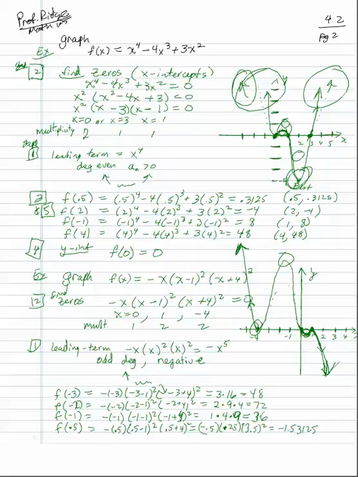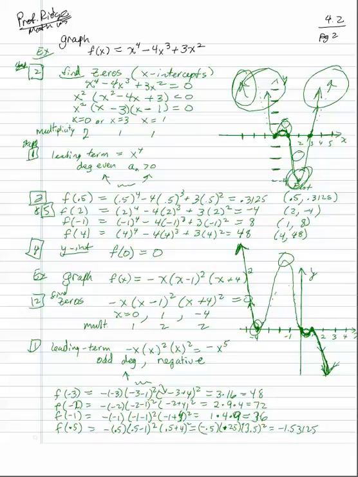We got the multiplicity, so that took away from having 5. And then again, the overall shape, right? The ends, what the ends are doing. X-intercepts, bounces, goes through, bounces, and then goes down. All right, so that's graphing polynomials in a nutshell. Takes a lot of practice.